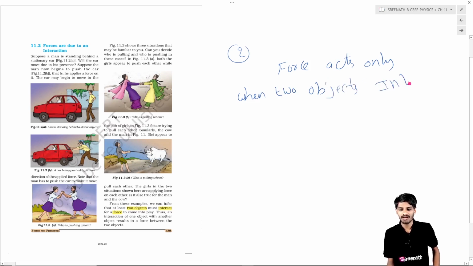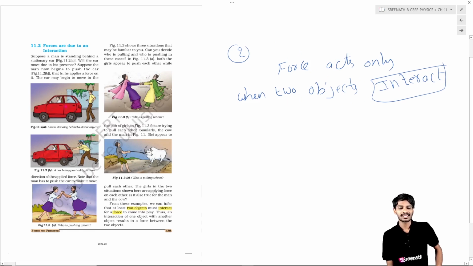What is the word? Interact. Force acts only when two or more objects interact. Where there is an interaction, there is a force. Force is basically due to an interaction.